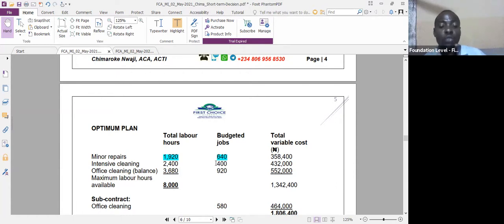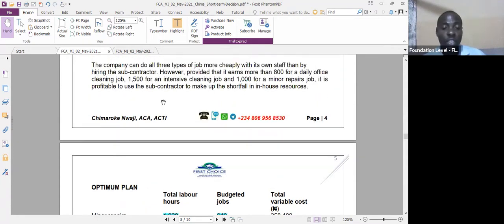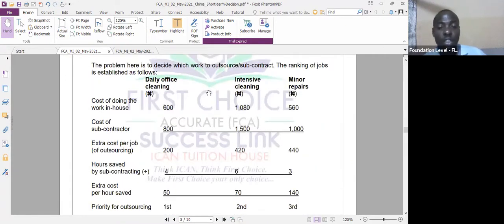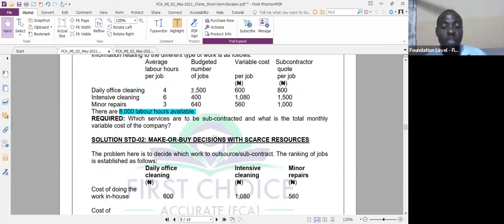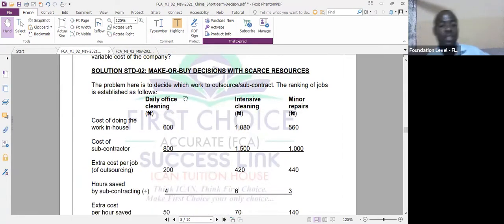Then the last one is office cleaning. In office cleaning, that is where we have to restrict. Okay, now in office cleaning, your jobs is supposed to be 1,500, but you cannot take them because 4 hours times 1,500 will give you 6 hours. But look at it now.